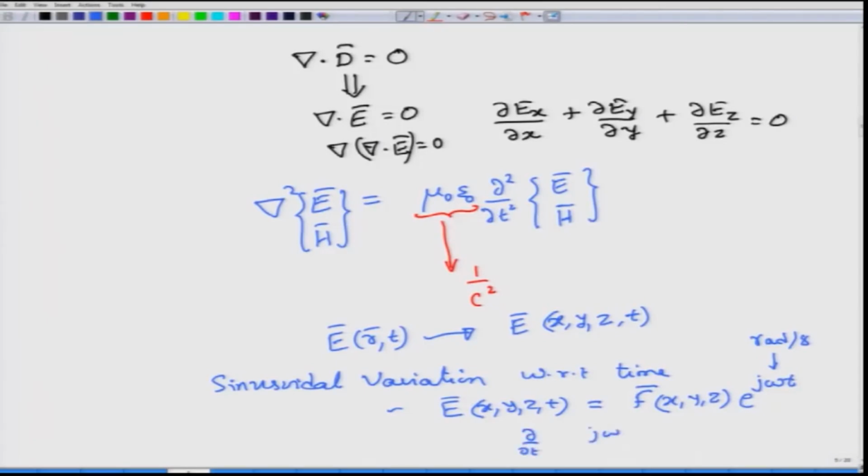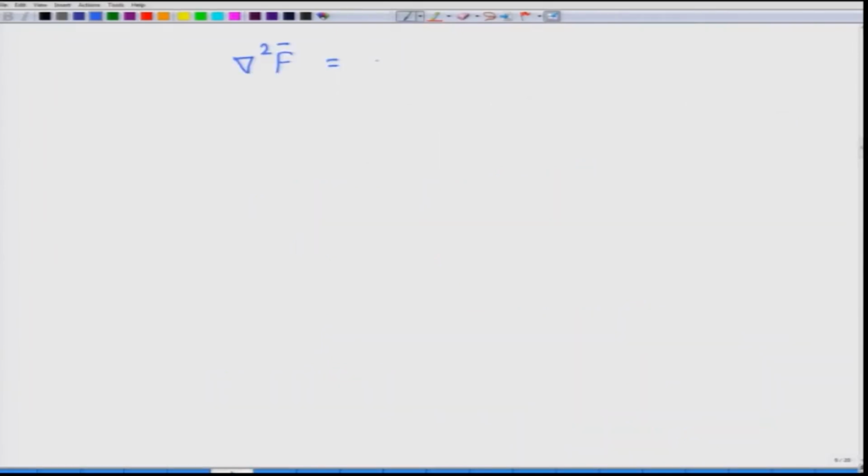So, del by del t differentiation gives you j omega. When you do it for the second time, you get the square of this, and what is the square of j omega? It is minus omega square. Of course, because this is an exponential function, this operator actually results in minus omega square times whatever the function was originally there. So, this is a simple exercise for you to calculate and show that this actually becomes minus omega square by c square times f itself.